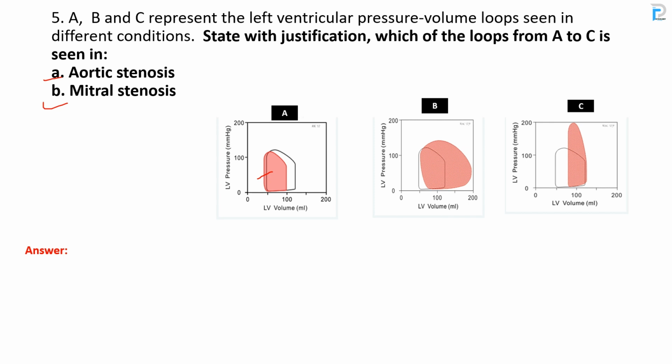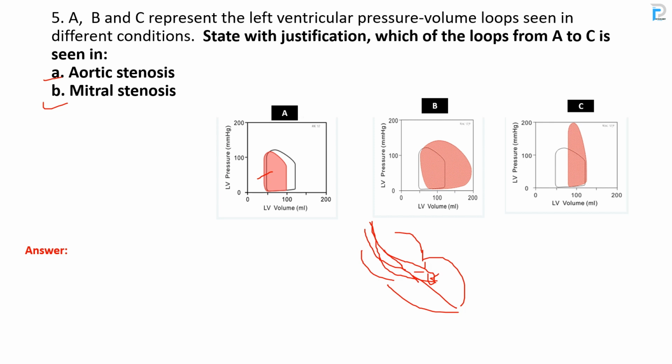So what is aortic stenosis? If we look at the heart again, on the left side of the heart we have the aortic valve here. Aortic stenosis means the aortic valve does not open completely. There is difficulty for the valve to open.